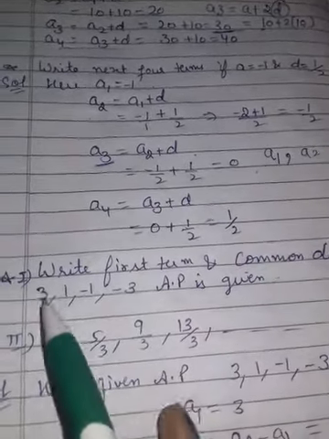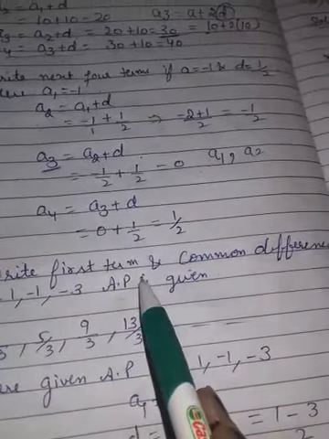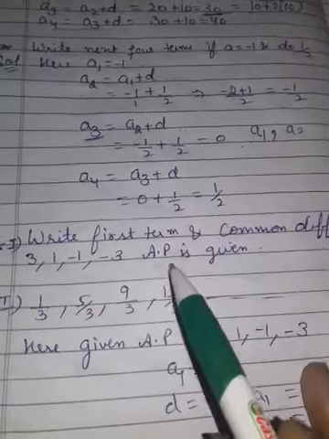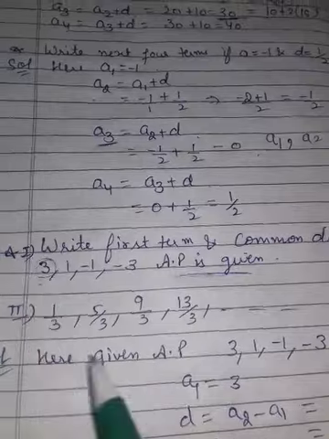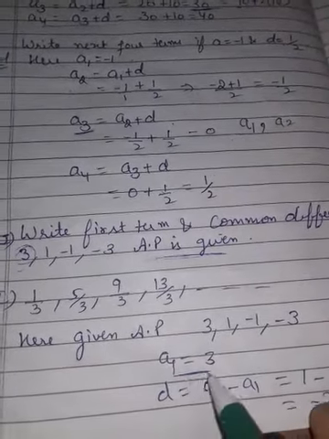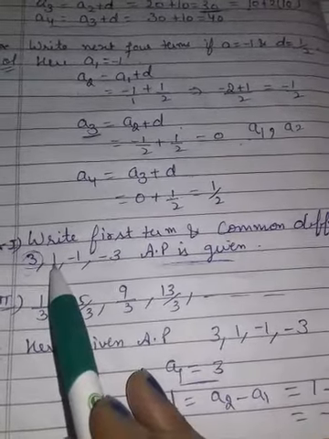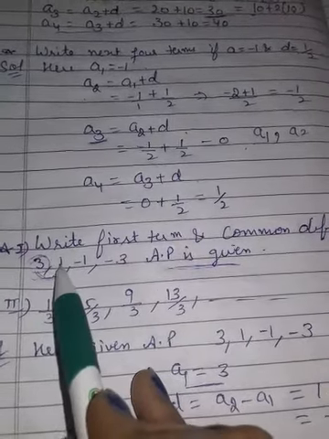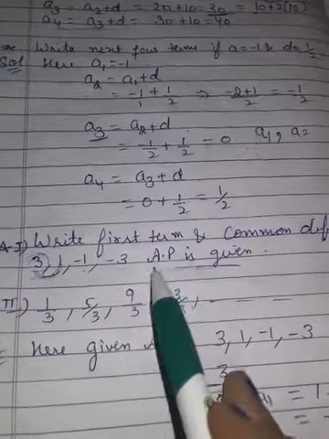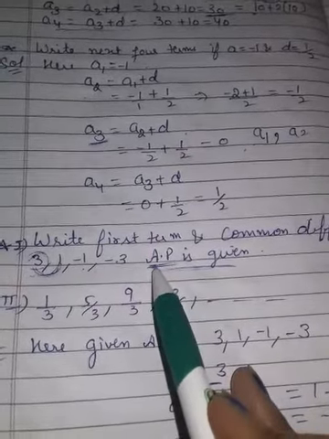Clear? Next, write the first term and common difference. An AP is given to you, so you know the first term is 3. We can say A1 is 3. Now you have to find D. D is the common difference between 2 consecutive terms. No need to check the others because the AP is given, so the difference must be the same.